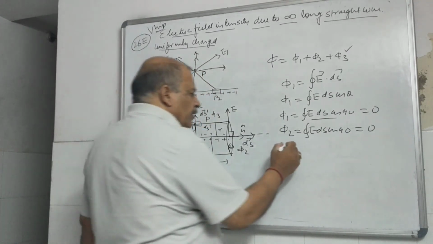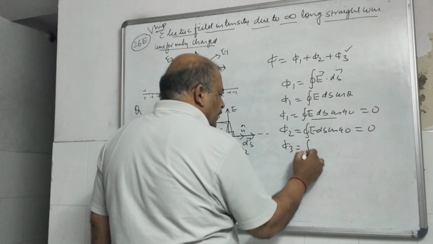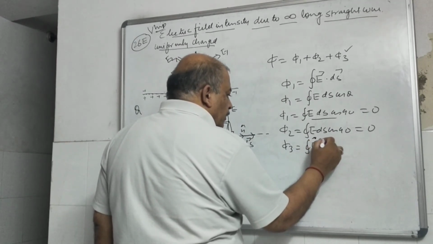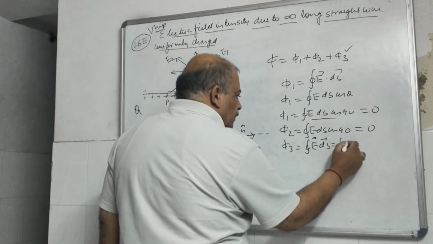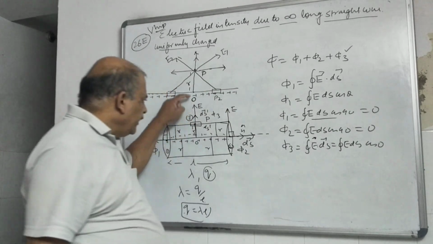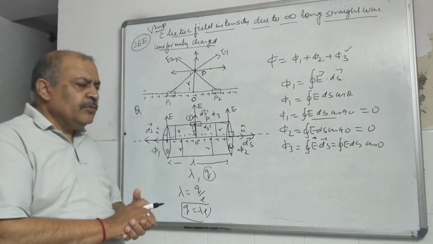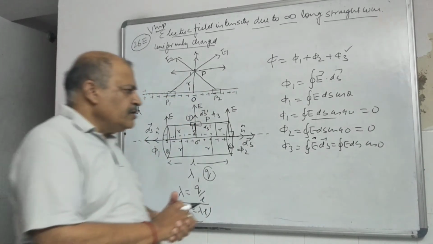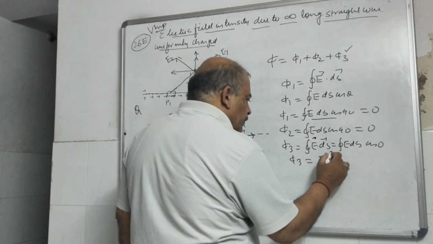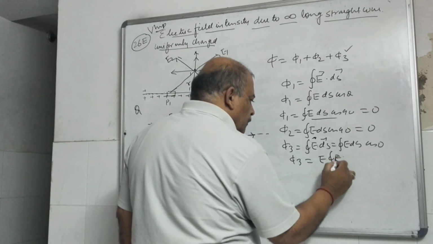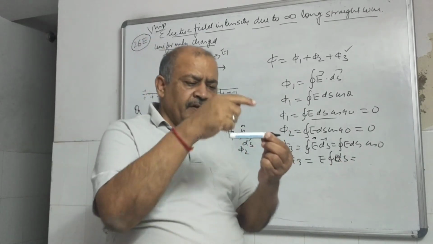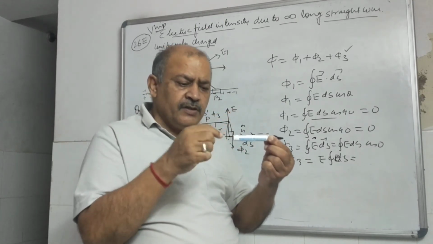And what will be the value of this phi 3? E dot ds, E ds cos 0, because area vector and E electric field both are in the same direction. Cos 0 is 1, so phi 3 will be, E could be taken out, ds. What is the area of this curved surface, of this cylindrical Gaussian surface?